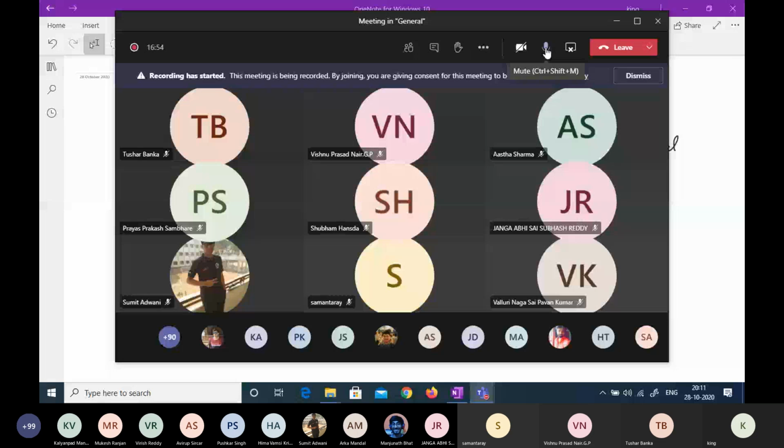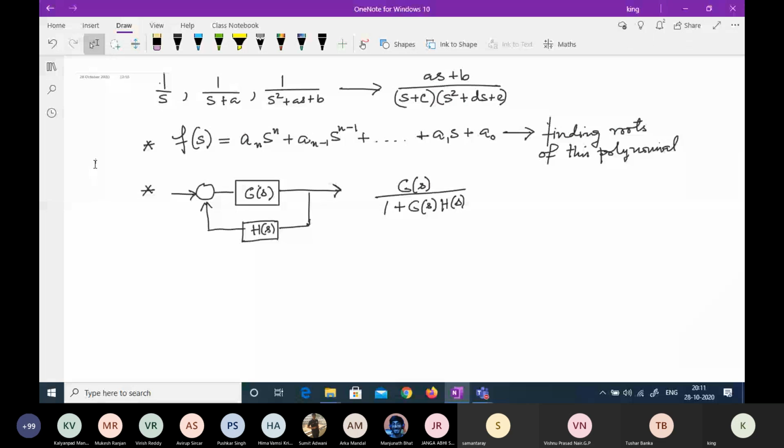Yes, sir. Can you see this full block diagram? Yes, sir.